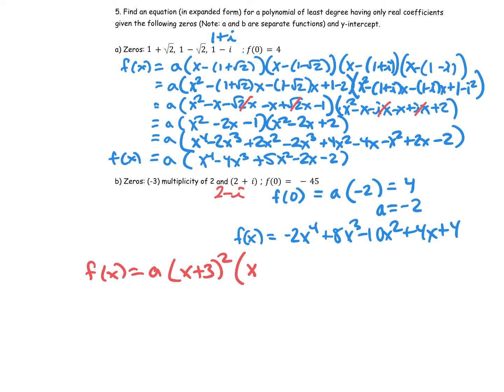So you would write x minus 2 plus i and x minus 2 minus i. And the first thing I would do, like we did in the previous problem, is FOIL out x plus 3 times x plus 3, and then FOIL out x minus 2 plus i and x minus the quantity 2 minus i, and then approach it the exact same way.